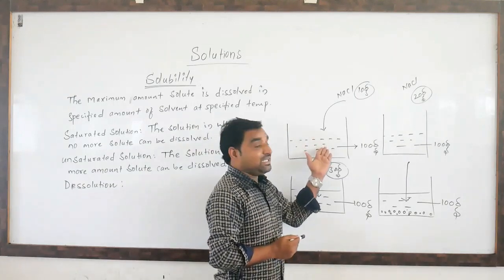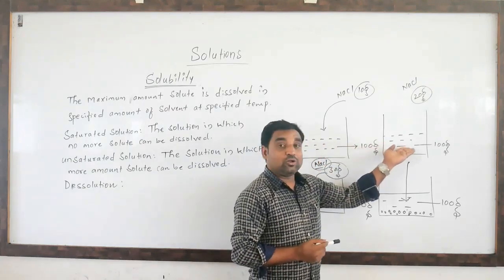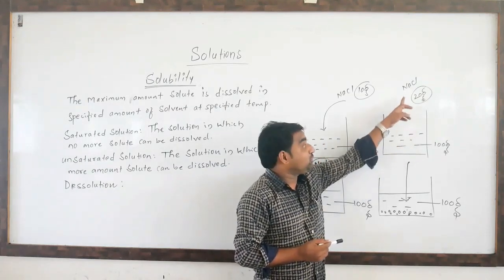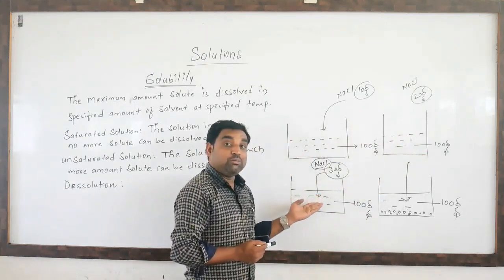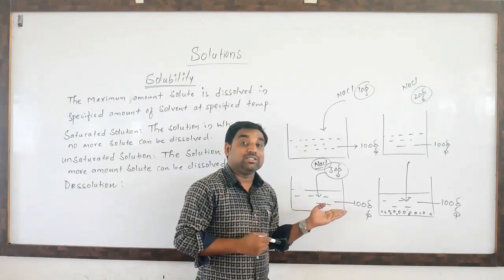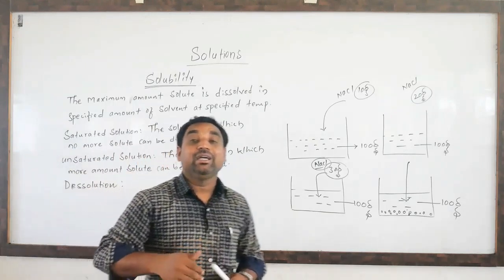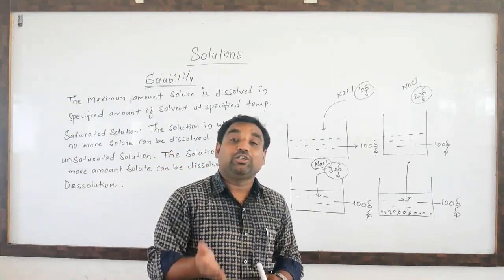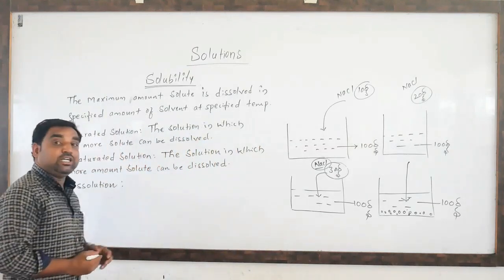Here we are adding 10 grams of solute, so the concentration of solute increases. Here we are adding 20 grams, again the concentration of solute increases in the same amount of solvent. If we add still more solute, again the concentration of solute in the solvent increases. That process is known as dissolution. Dissolution means getting dissolved in the solvent and the concentration of solute increases.